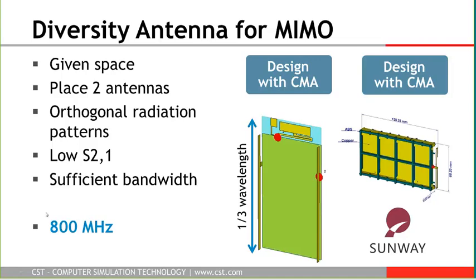This time we will take a look at LTE 800 frequency band, which means that the size of the ground plane, or the size which we have available, is only 1/3 of the wavelength. And this brings new challenges into the design, and you need to choose a little bit different strategy.